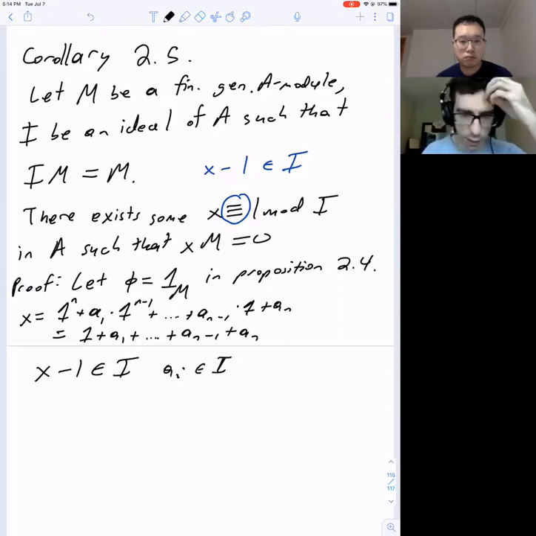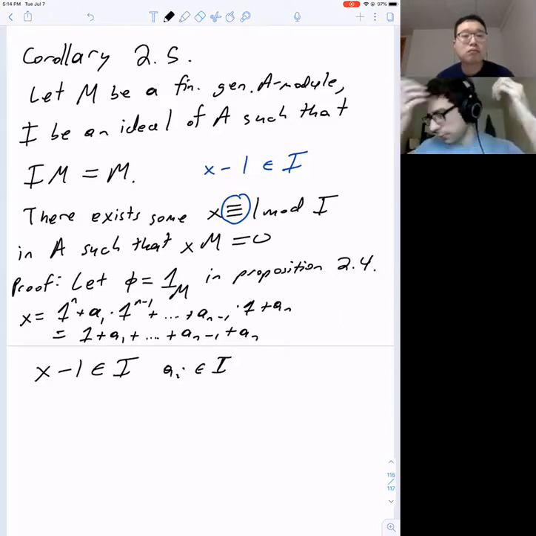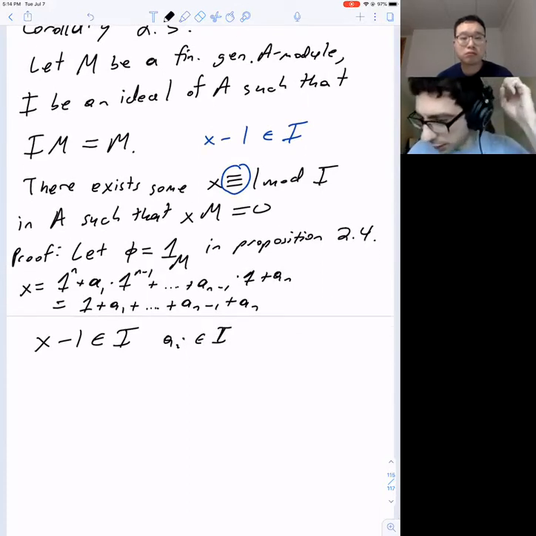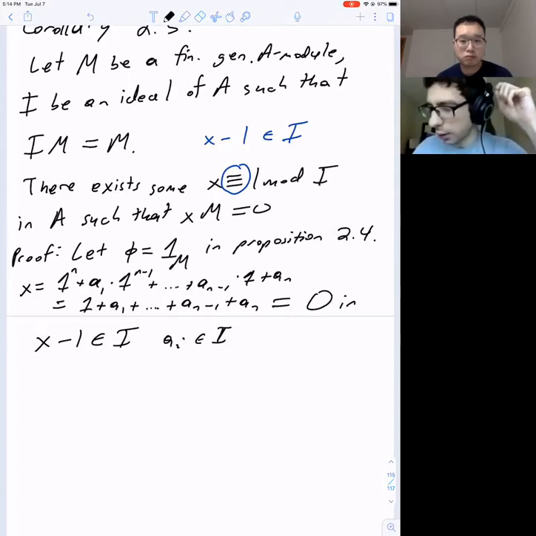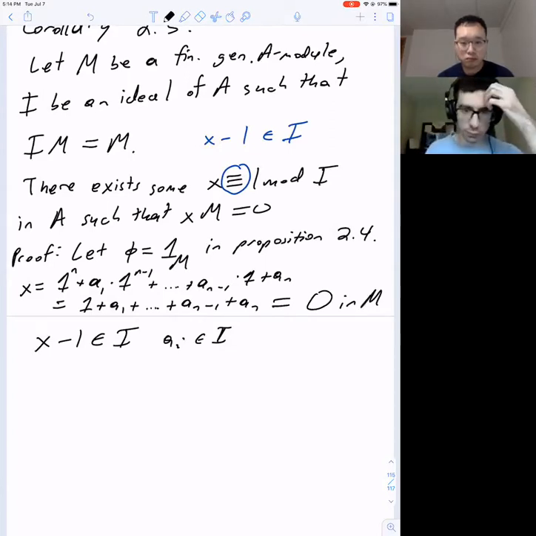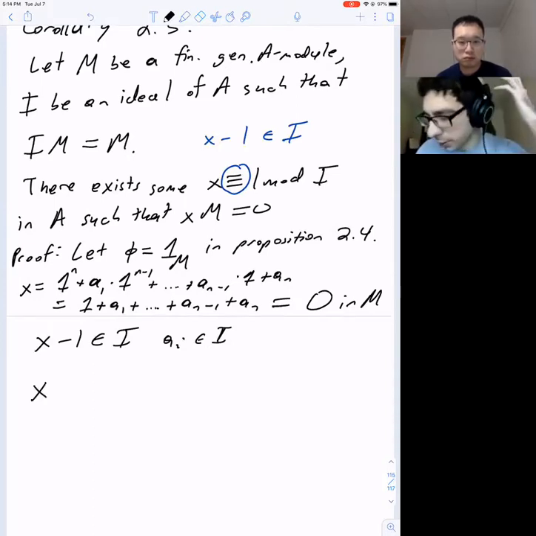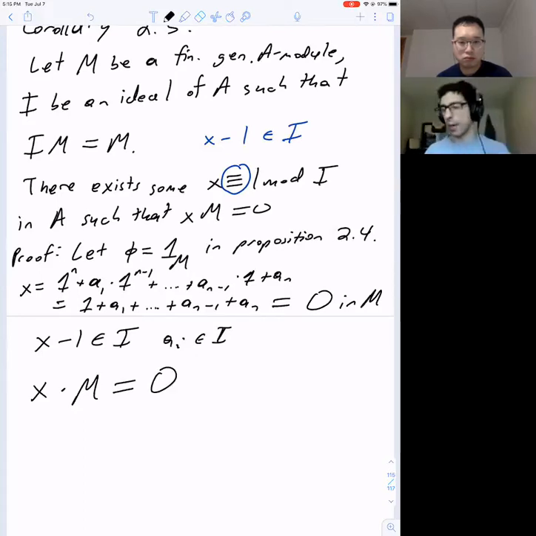And one last thing is that this x does in fact equal 0 in M. x is the element such that if you multiply anything in M by it, you get 0. That's exactly what proposition 2.4 says. Okay, any questions here until we go to Nakayama's lemma?